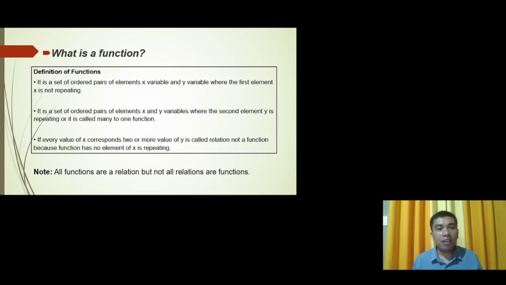If every value of x corresponds to one or more values of y, it is called a relation but not a function, because a function has no element of x repeating. So take note: all functions are relations, but not all relations are functions.